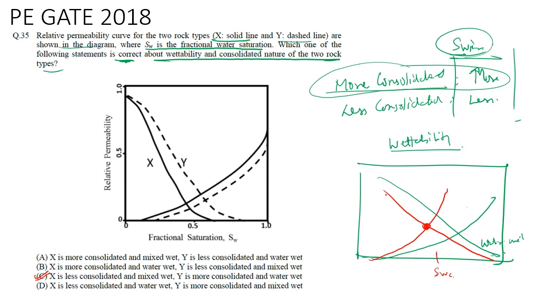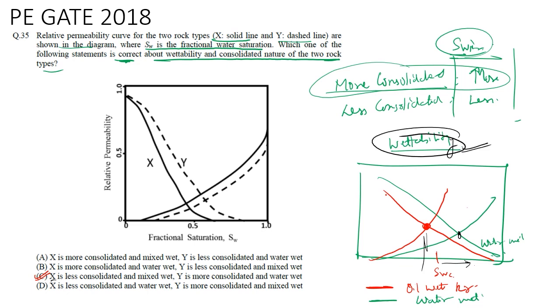Over here, the red color indicates the oil wet relative permeability curve, and the green color indicates water wet. So you can see that for a water wet system my crossover point is at a comparatively larger water saturation, whereas for an oil wet system my crossover point is at a lesser water saturation.